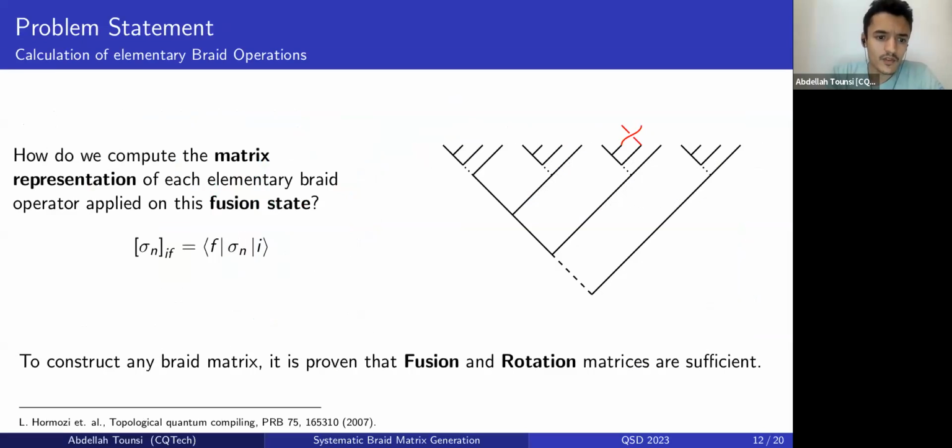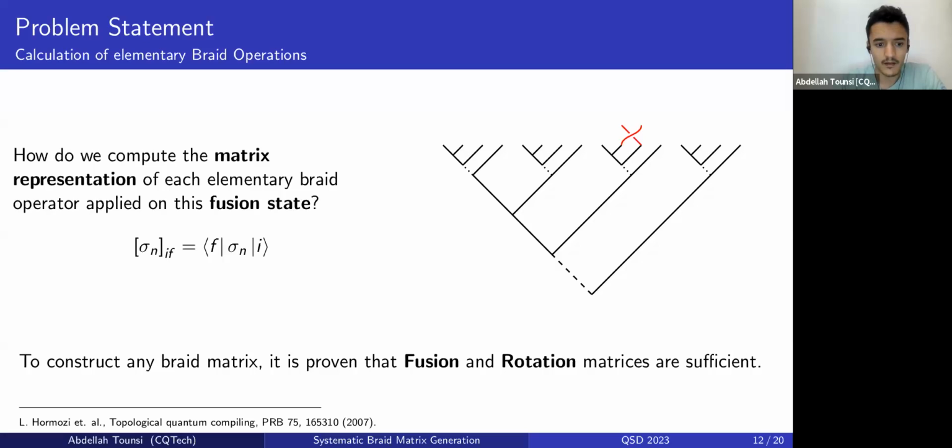So our main question is how to compute the matrix representation of such braid operators on general fusion states. So in general, we should know the action of each braid generator on each possible fusion state. So this constructs the components of these matrices.